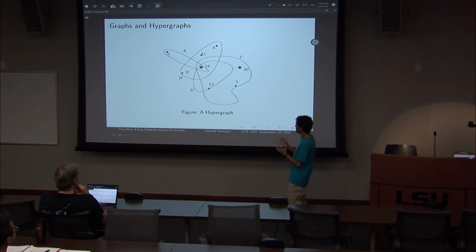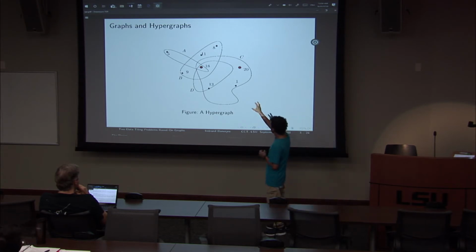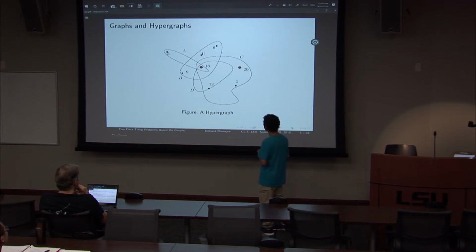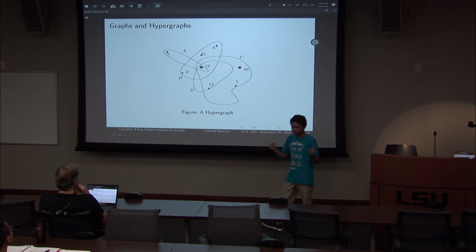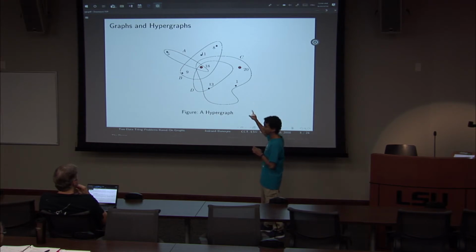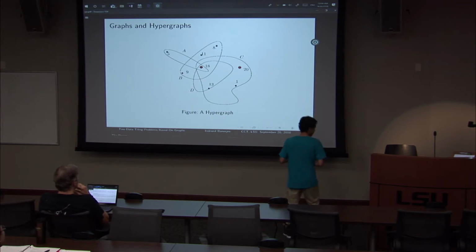But generally, the idea is this. The dots are the vertices, just like graphs. But instead of edges just connecting two vertices, you have hyperedges, or more general edges, which can connect more than two vertices.